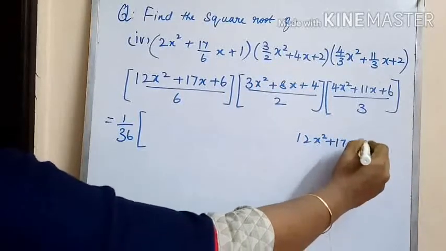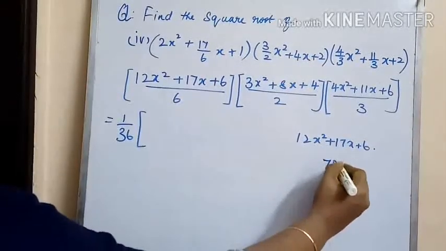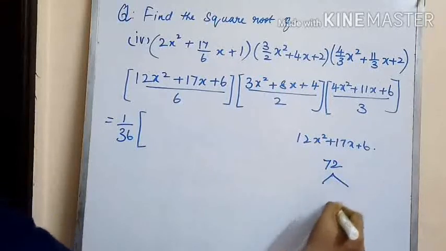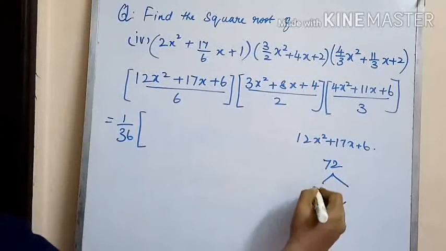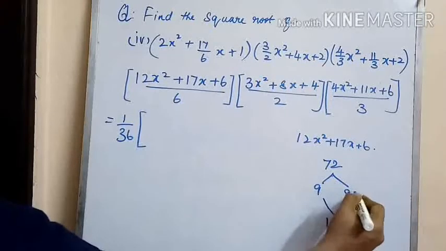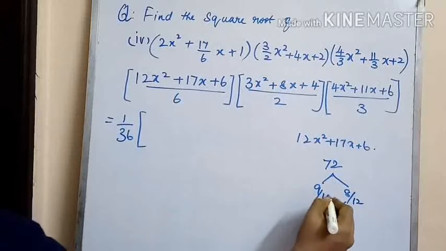Now factorize the numerators 1 by 1. Here the product of this quadratic polynomial is 72 and the sum is 17. So we'll have 9 and 8 as the factors.